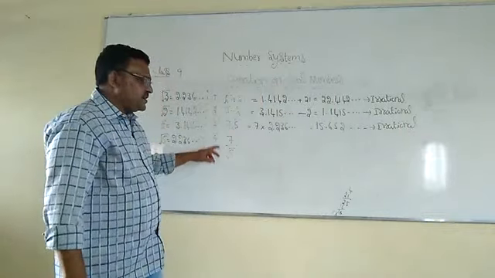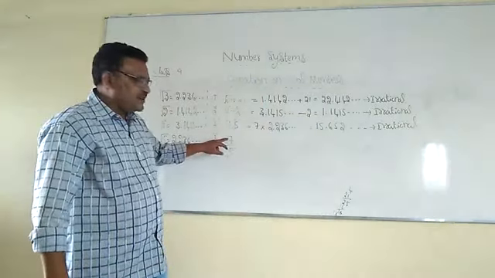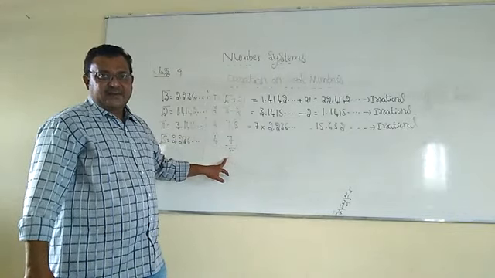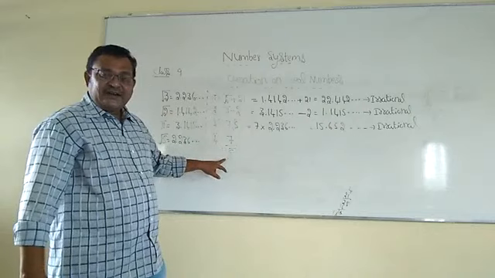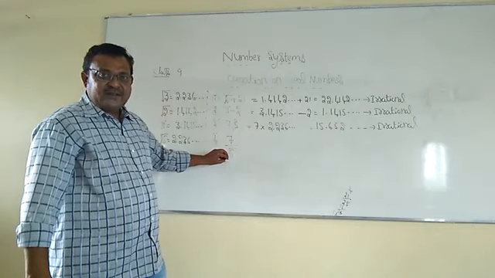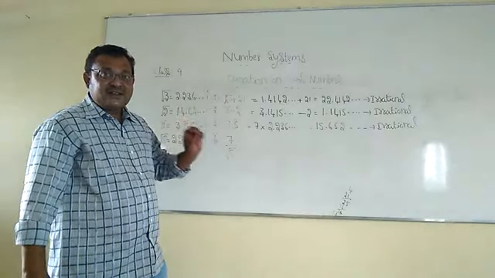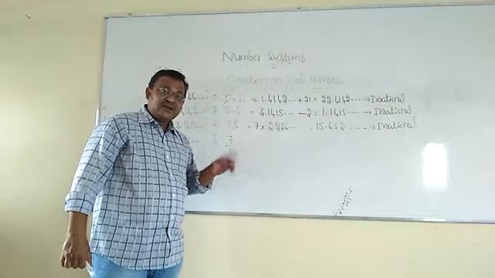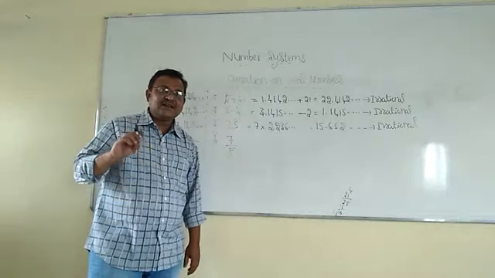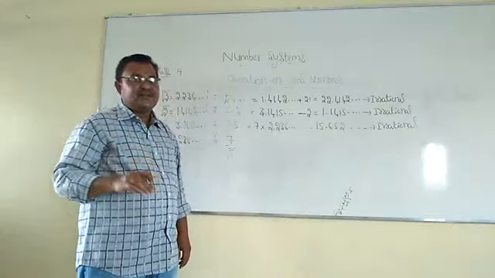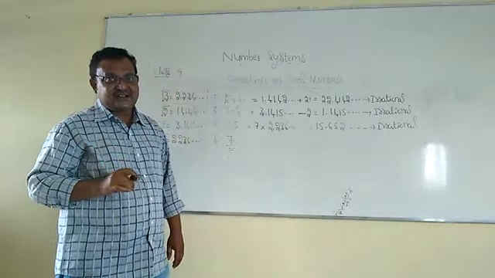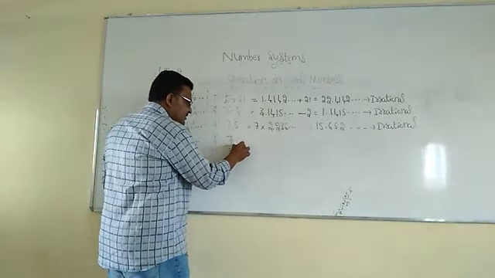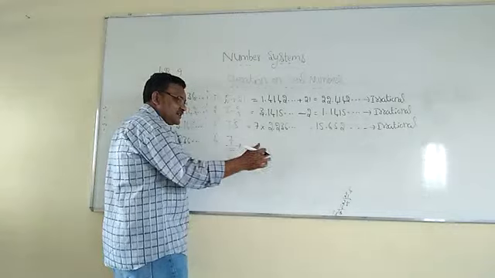And next, what about division? In division, here one rational number is divided by an irrational number. So when in the denominator an irrational number is there, rationalize that one. Rationalize means to make the denominator into a rational number. The process of making the denominator a rational number is said to be rationalization. So first rationalize this denominator. That means make this denominator rational.